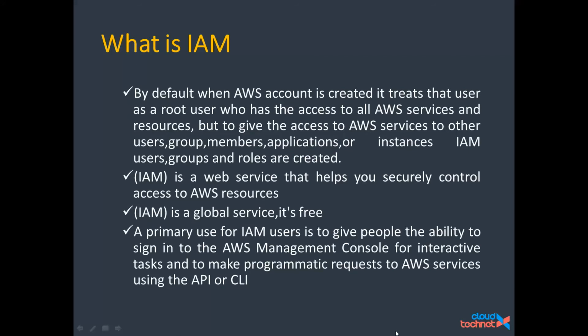Once you create IAM users in the IAM service, you can provide programmatic level access to the AWS services. I'll show you how you can provide programmatic level access in IAM today.